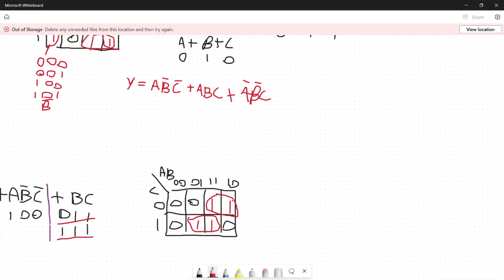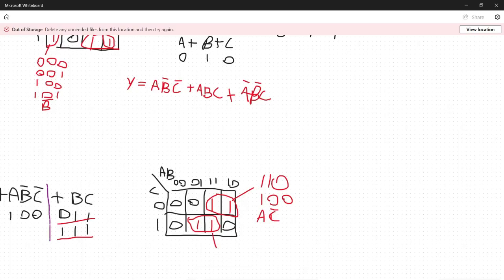So what group would this be? This would be a group of 1, 1, 0, and 1, 0, 0. You notice the value of B changes, so this will be A, and then C inverse, because the C is 0.